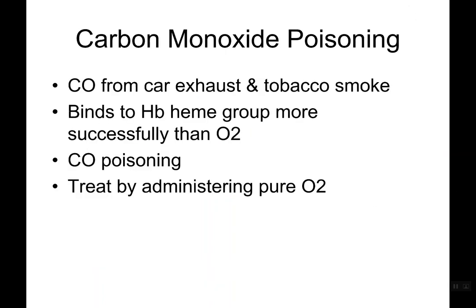Carbon monoxide poisoning is a result of carbon monoxide having a higher binding affinity for hemoglobin than O2. So let's write that in there. So for whatever reason, the heme groups like to grab onto carbon monoxide more than they do oxygen.